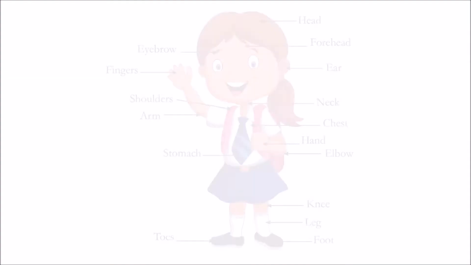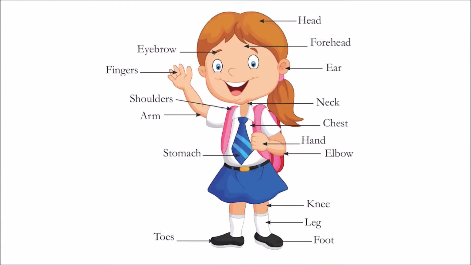Our body consists of different parts, and every part has a name, and each and every part is used for different reasons. Let's look at our body and recall the names of the parts of our body. Let's start from the top. The head, and then we have the eyebrows and forehead.